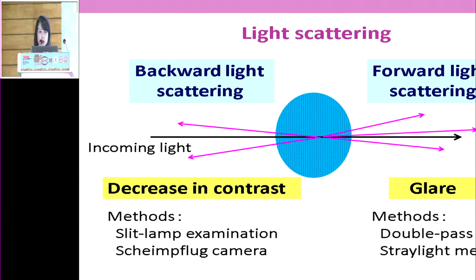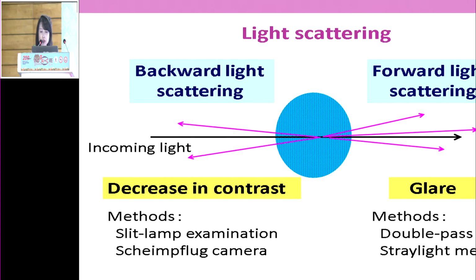Let me move on to light scattering. As you know, light scattering is divided into backward light scattering and forward light scattering. This is a scheme of light scattering, and incoming light is coming from the left side. Clinically, forward light scattering is more associated with patients' symptoms such as glare.